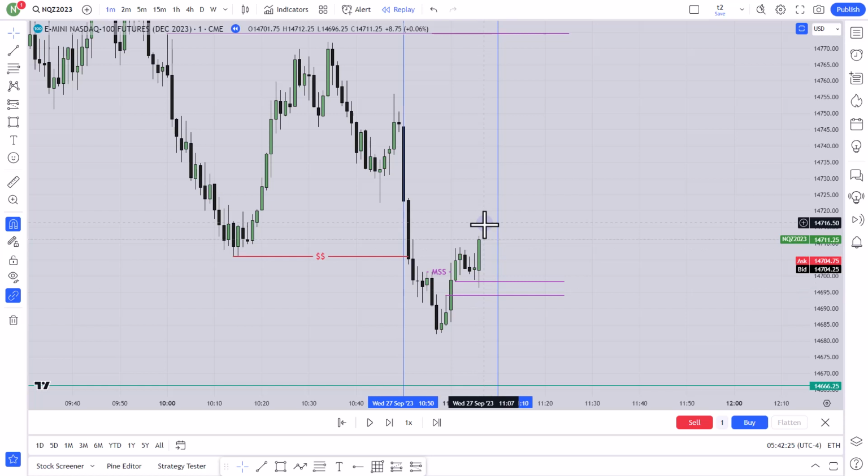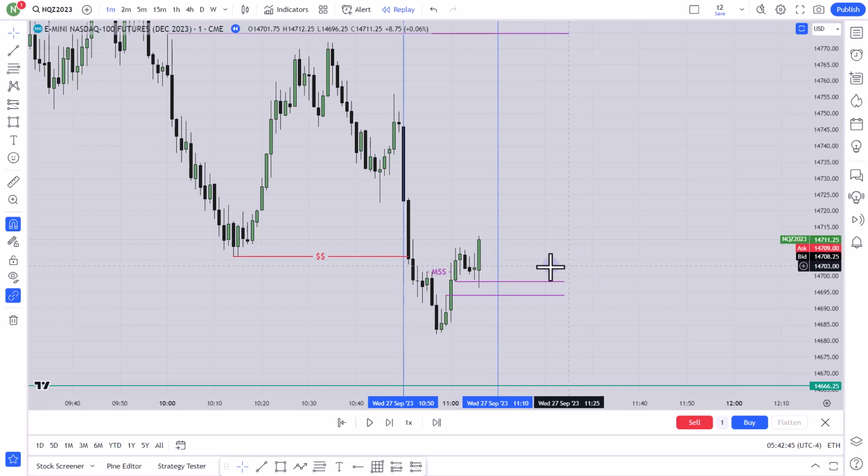Still, I didn't have any market structure shift. Why did I tell you that I'm not seeing any market structure shift here? The reason is, to be eligible as a swing high to shift the market structure, there are two rules.